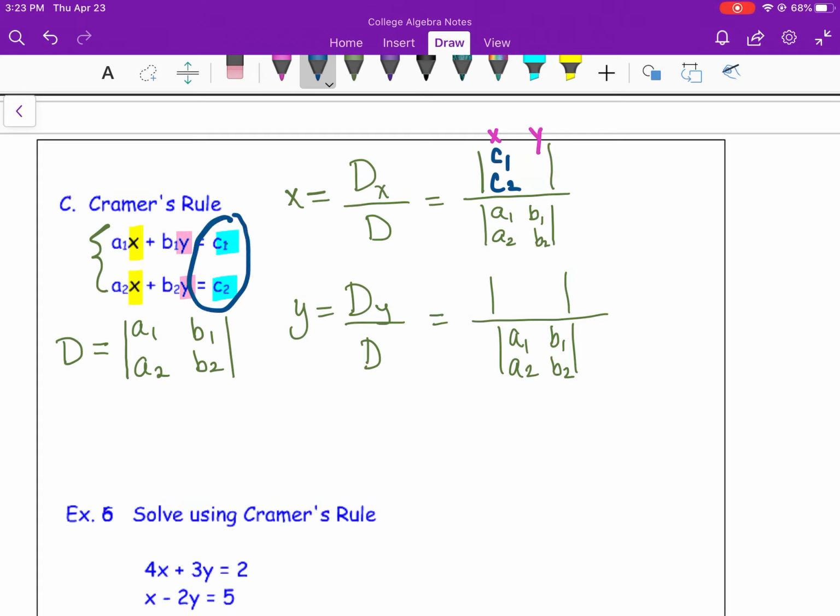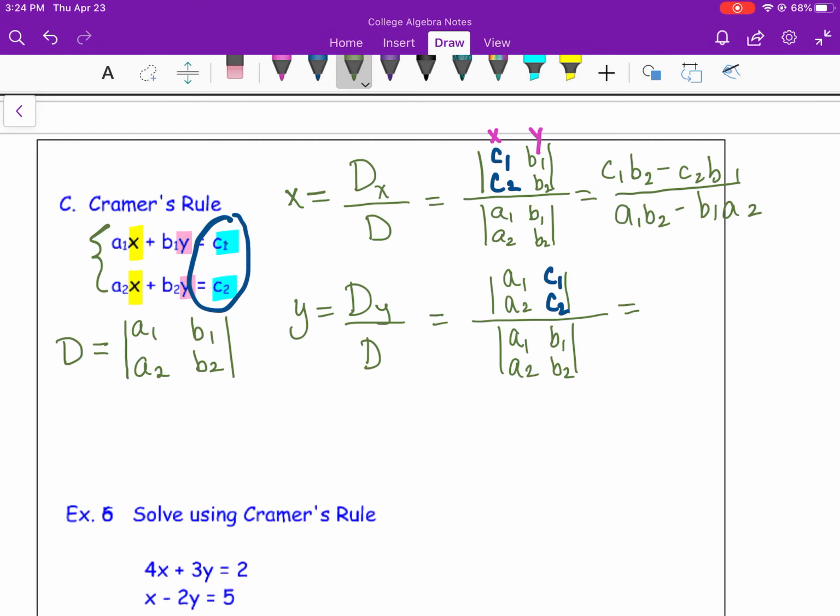If I'm finding y, they're going to go right there. Then I just copy up the rest of what's underneath. So I bring up the column that's underneath, and that's how I set these up. From here, you find your determinants like you did yesterday. So c1 times b2 minus c2 times b1 over a1 b2 minus b1 a2. And then you go on from there.